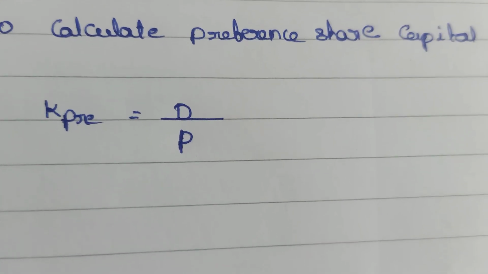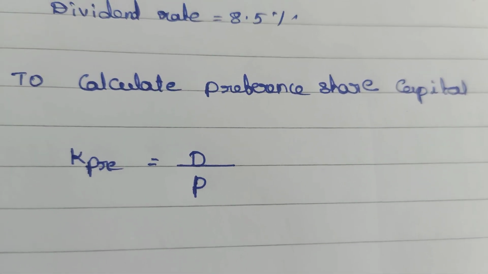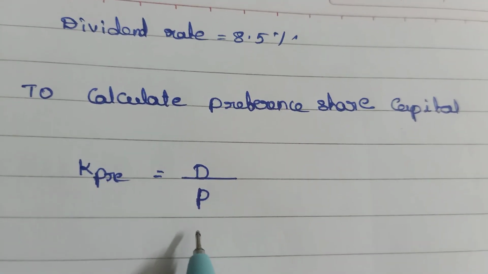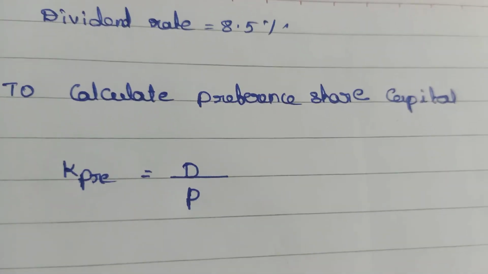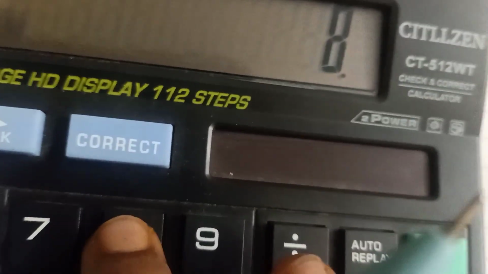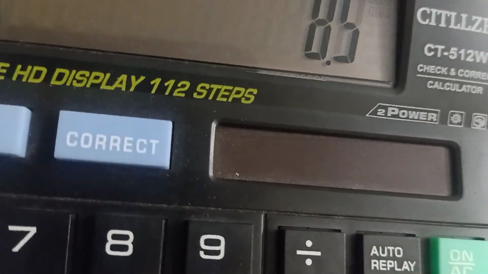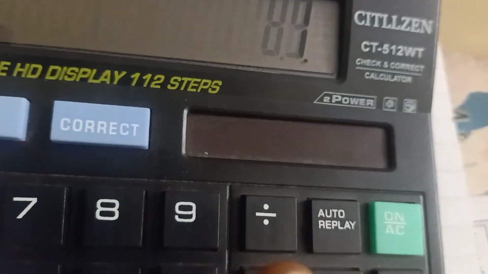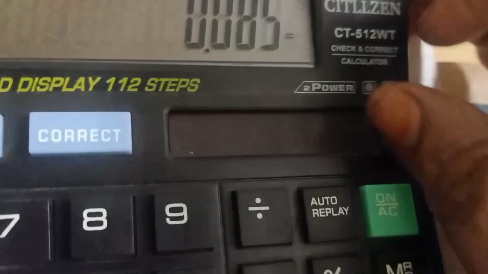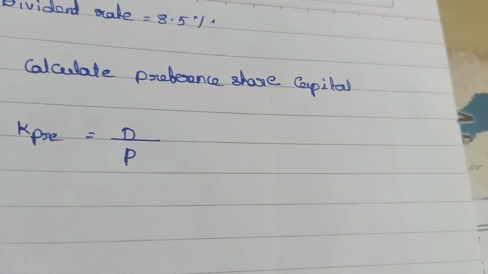For example, the dividend rate is 8.5%, so the preference share will be 100. We calculate it like that: 8.5 divided by 100 is equal to 0.085, that means 8.5%.